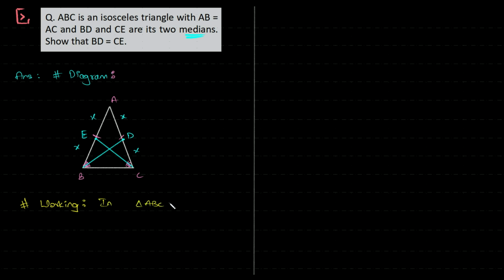In triangle ABC, as AB is equal to AC, we have angle ABC equal to angle ACB. Agree? Why is it? Opposite angles of equal sides. That's why.